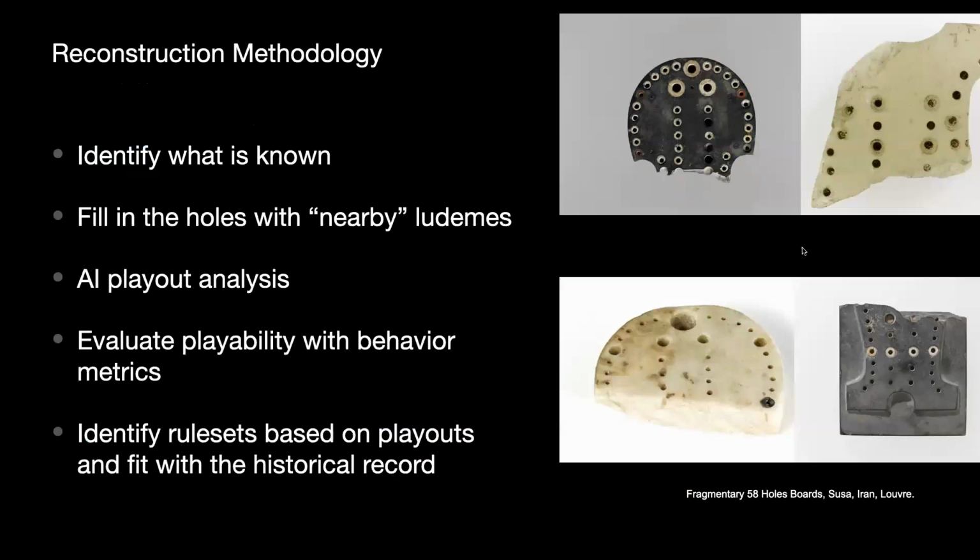So basically, what we're looking at here are ways to reconstruct the rules of games, but also to use what we know of the rules of games to study other kinds of aspects of games and explore archaeological questions.